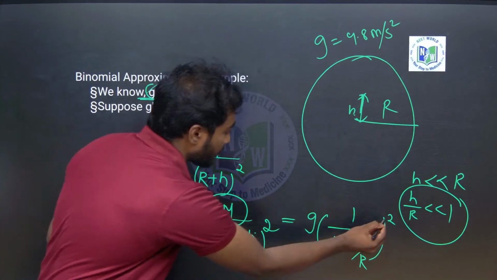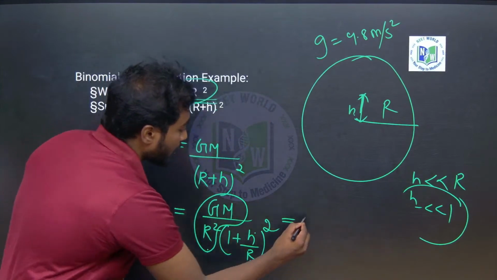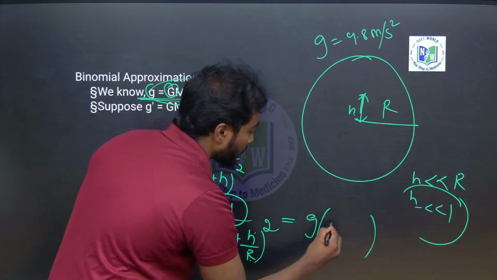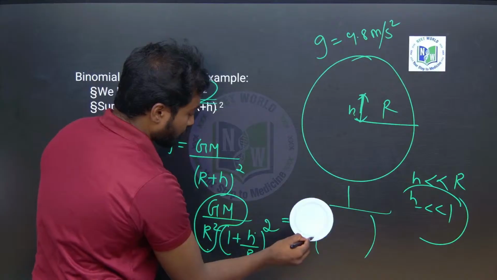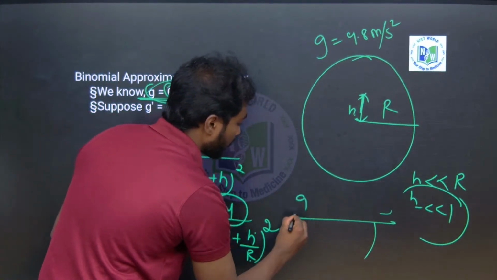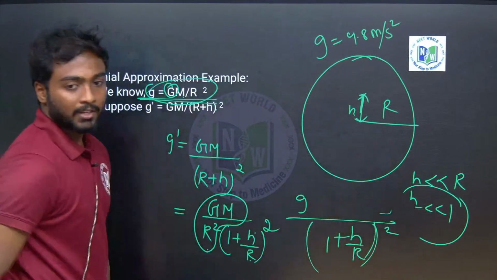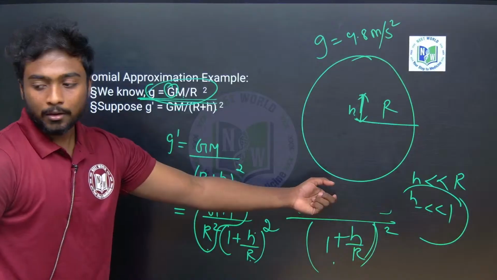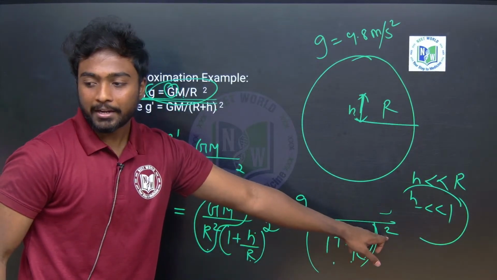Wait a minute. g into (1 plus h by R) the whole square. If I take this value to the numerator, it will become (1 plus h by R) power minus 2.